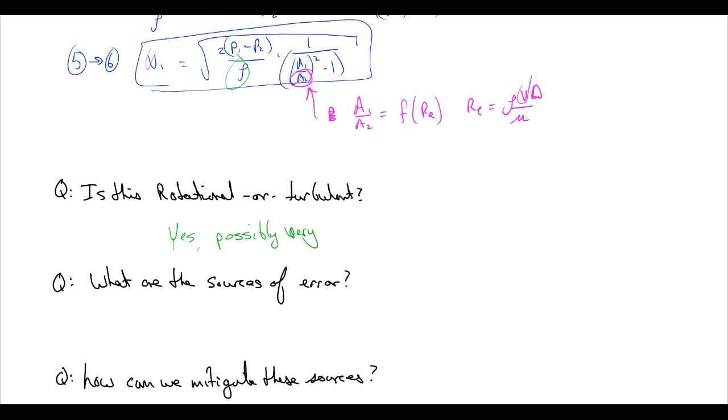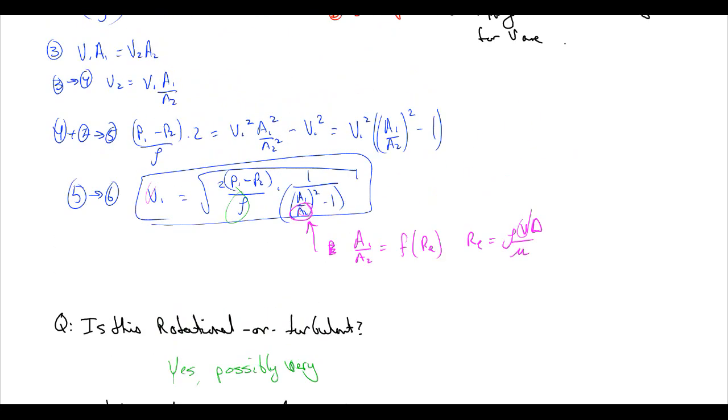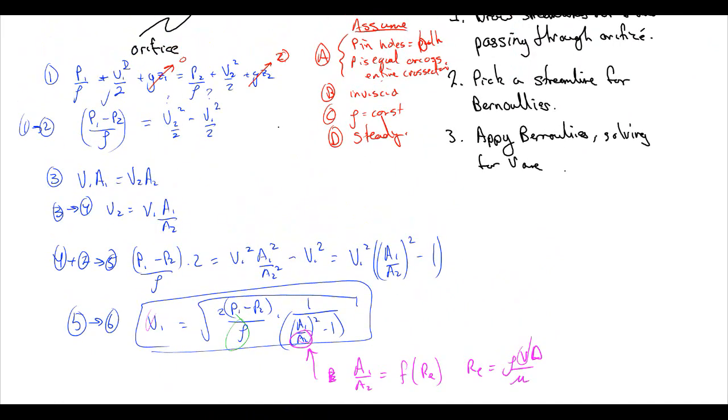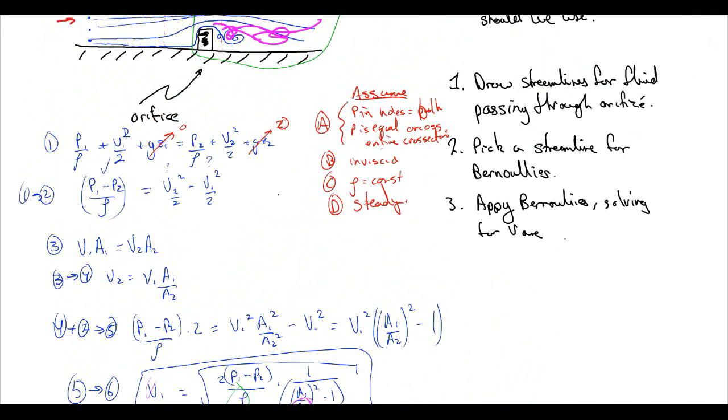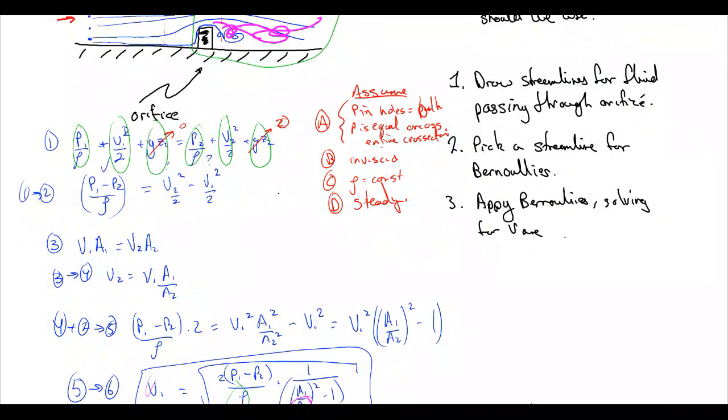Another source of error is viscous losses, right? So this equation predicts the velocity as a function of pressure and area. But like we talked about, Bernoulli's is an energy equation. Pressure energy plus velocity energy plus height, potential energy goes into pressure, velocity, and height. But what if some of it also goes into losses?